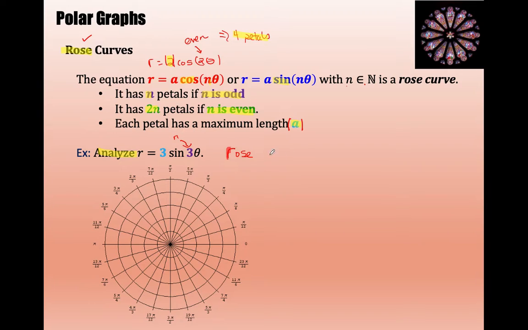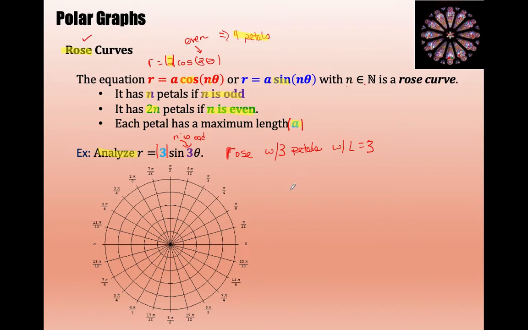There's my n, so how many petals do I have? And n is odd, so I have 3 petals. And the petals each have length, what? Now, where are those 3 petals though?